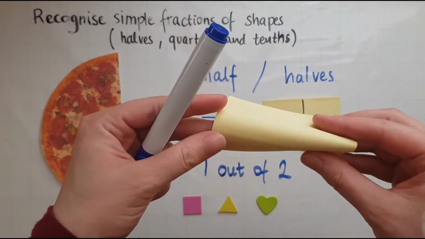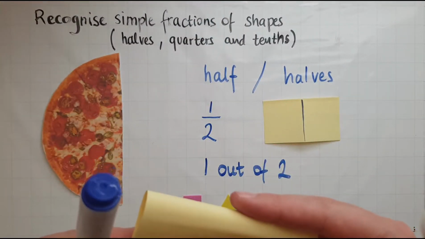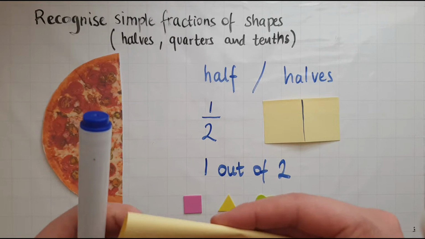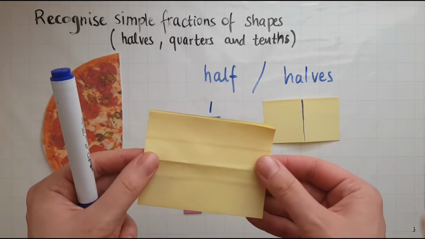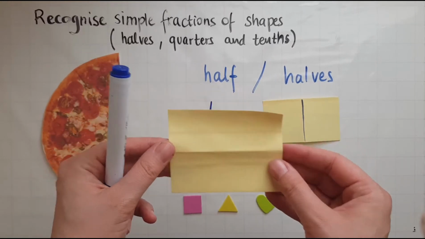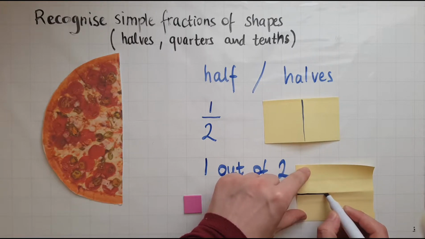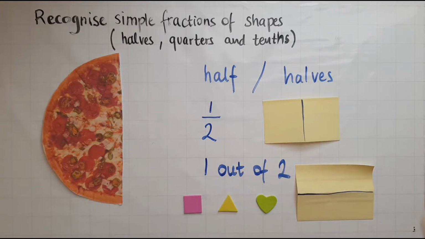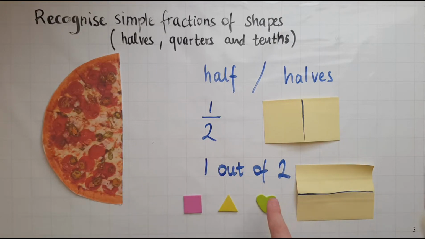I could have cut it this way in half. So that's another rectangle that I've cut in half. That's still cut in half. So one of these is 1 over 2, 1 out of 2, a half.